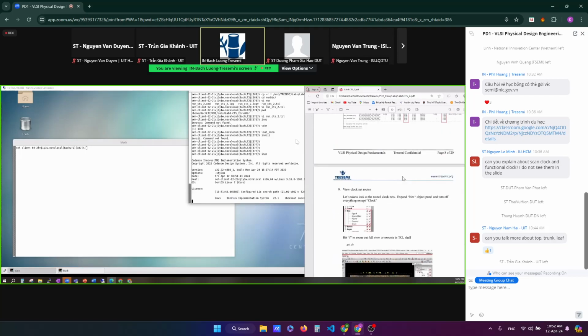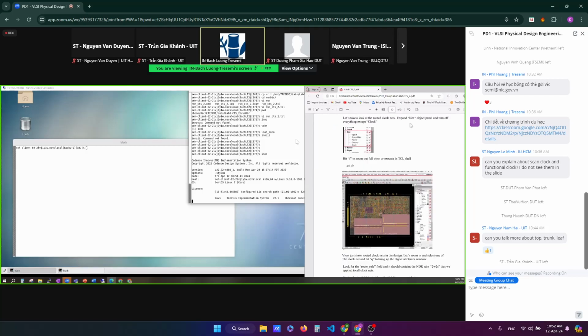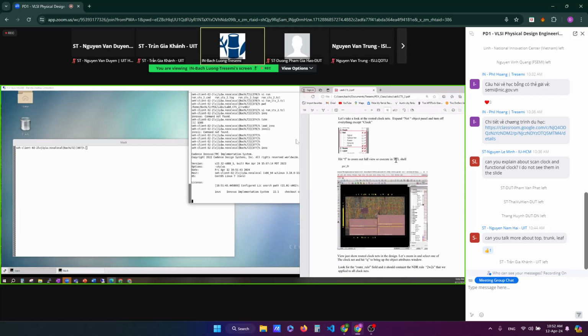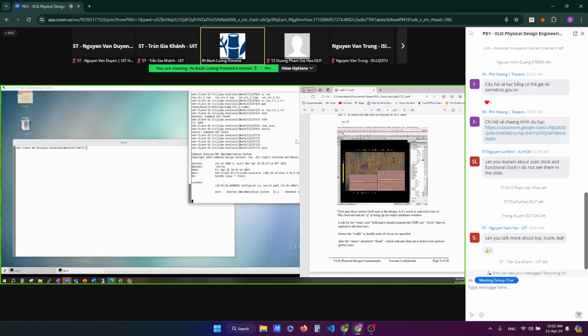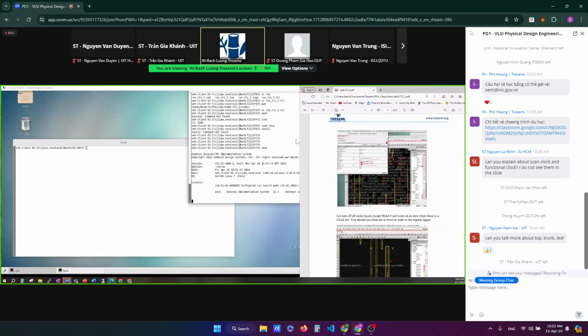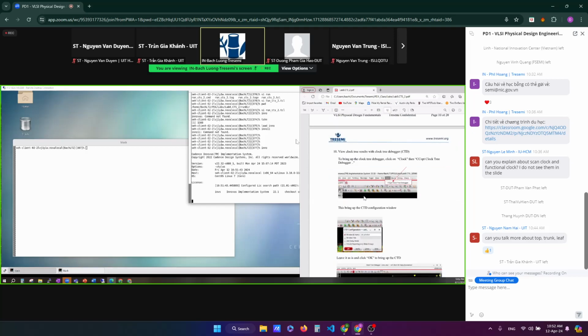Okay, we talk about this. Okay, so let me start here. So once the DB is back up, let's take a look at clock nets, and then I think after that we go to the clock tree debugger. Yeah.